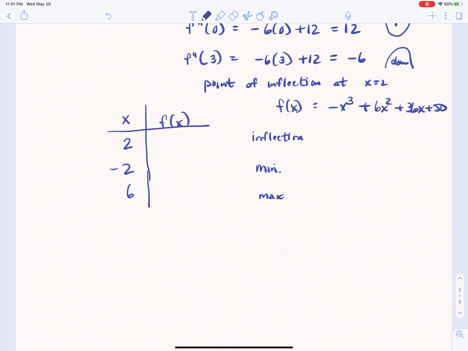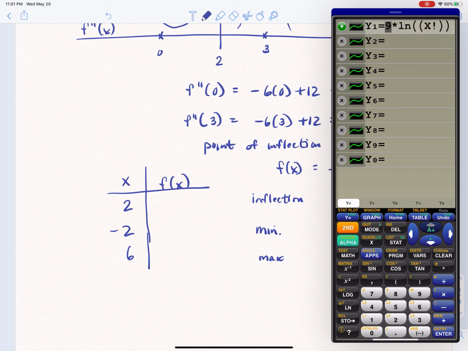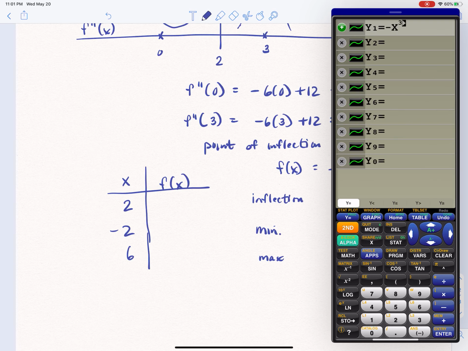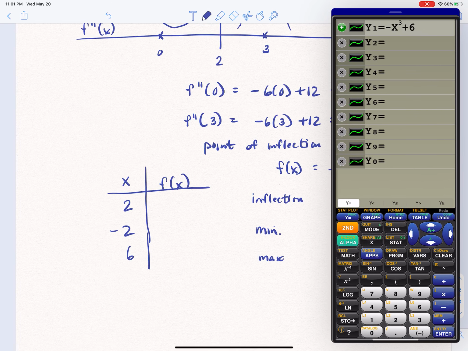So what I'm going to do just to make the work a little bit easier is I'm going to actually put this into y equals here. And I'm going to put in negative x to the third plus, short-term memory, 6x squared plus 36x plus 50.